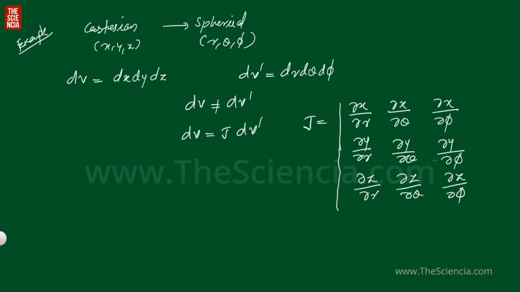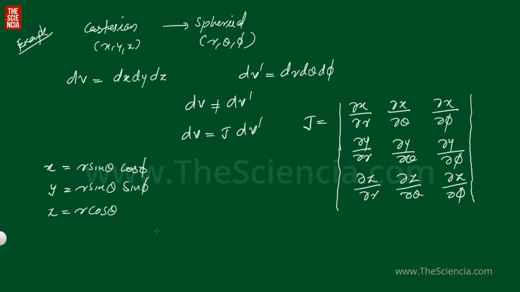So by calculating this Jacobian, you can find out the relation connecting dv and dv prime. And here, what is the relation between x, y and z and r theta phi? You know, x is equal to r sin theta cos phi, y is equal to r sin theta sin phi, and z is equal to r cos theta. So substitute these equations in the Jacobian, then you find out the Jacobian j.